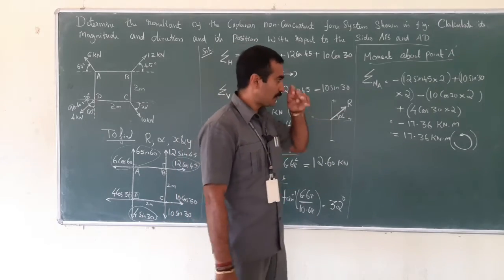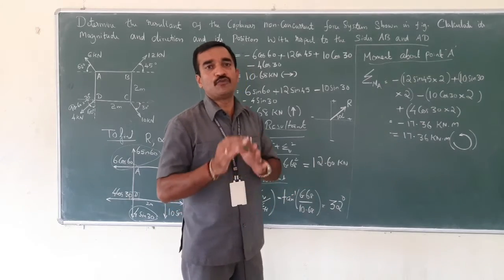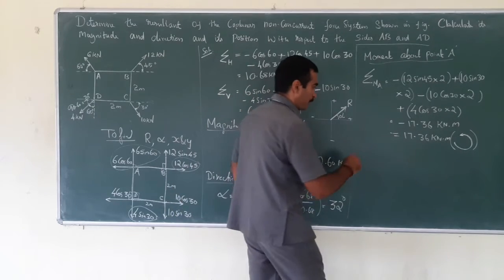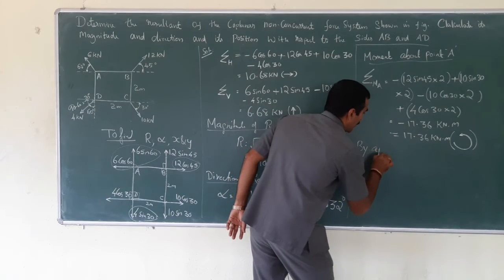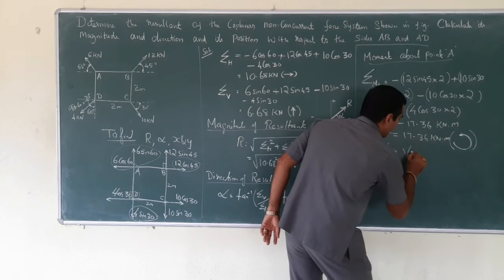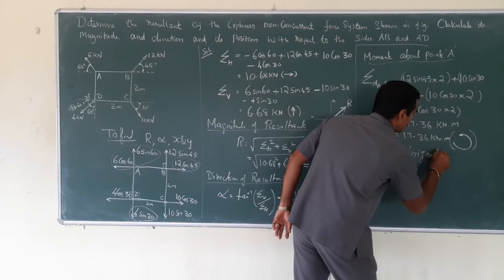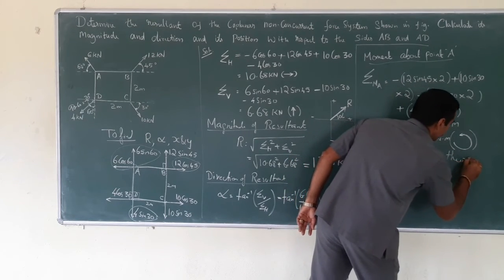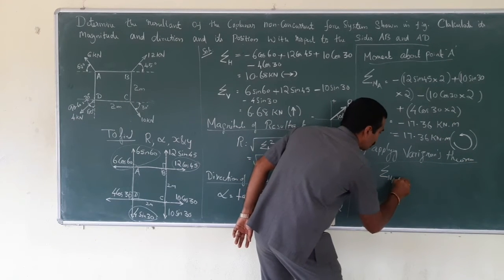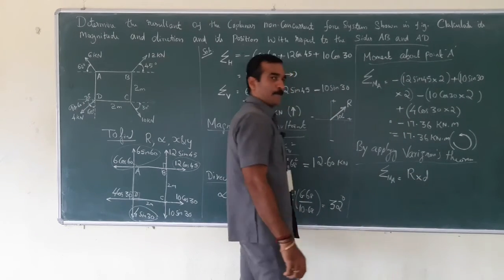Got it? So next, I am going to apply the Varignon theorem in order to find the position or the location of the resultant force. By applying Varignon's theorem, summation MA equal to resultant into its perpendicular distance.